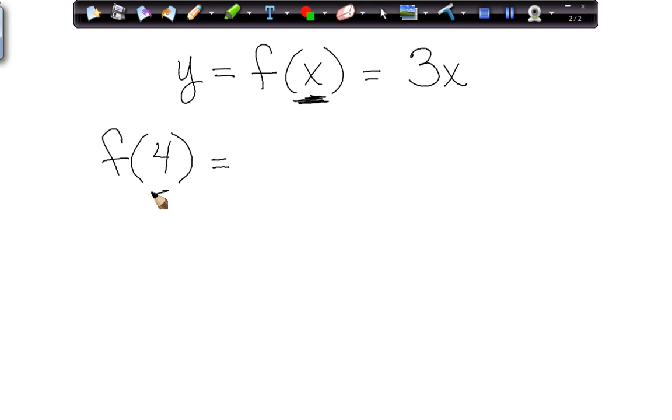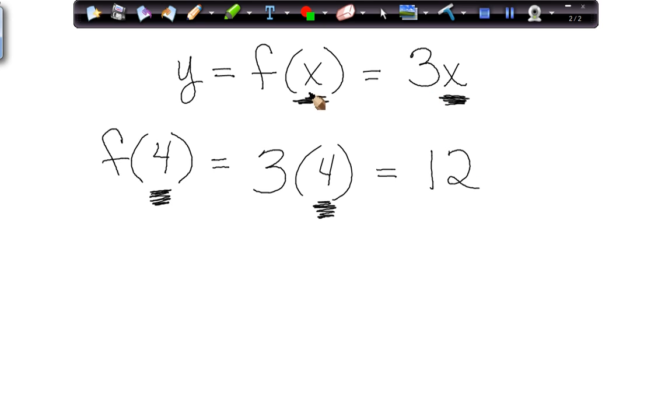We've replaced x with 4, so our factory is going to do 3 times, instead of x, it's going to do 3 times 4. Okay, so replace the x with 4, and we get 3 times 4, 12. And that's what this factory does. It multiplies by 3. No matter what input we put in, our output is going to be multiplied by 3.